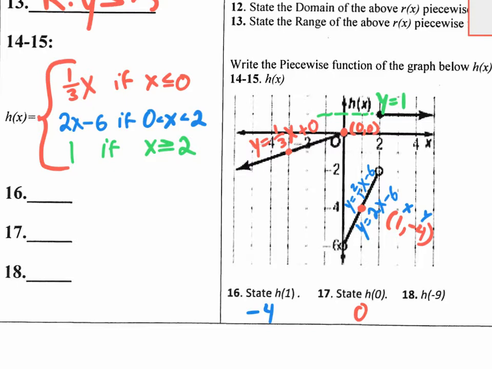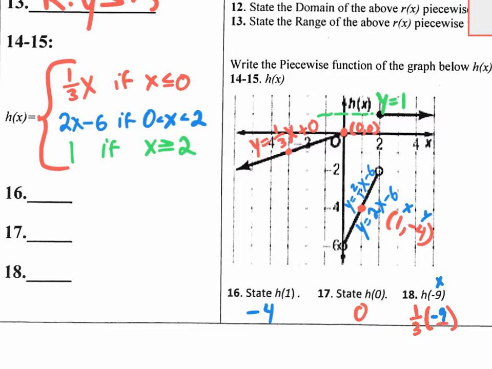So you have to resort to doing algebra right here, plugging -9 into the function. And is -9 less than or equal to 0? Yeah, and any negative number is less than 0. So you'd plug it into this one. Doing the math, it would be 1/3 times -9. This is your input. Plug in -9.